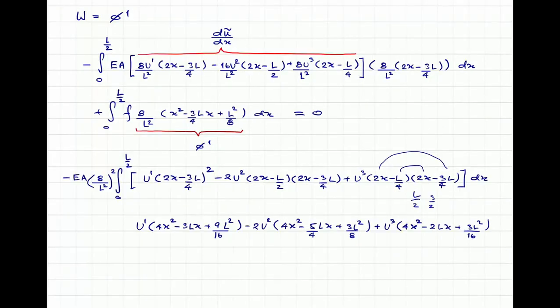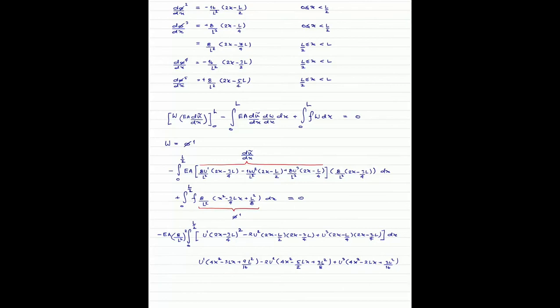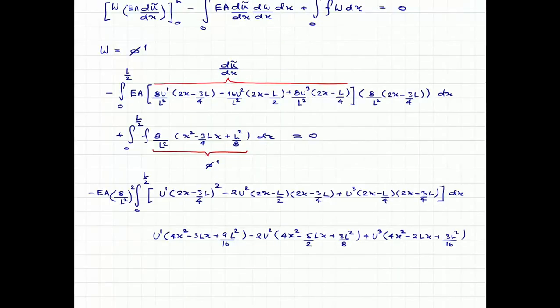Yeah, which one? 5 over 4 should be 5 over 2. The minus 5 over 4 will be 5 over 2. Oh, 5 over 2. Thank you so much. You are preventing us from a catastrophic disaster later when we cannot find out what goes wrong. Thank you. dx.